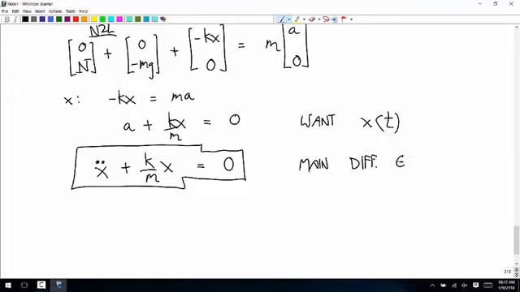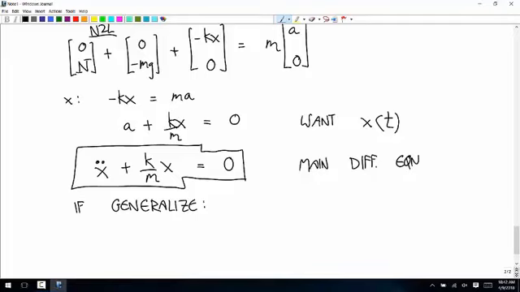We can generalize this. Not all systems that oscillate have a spring constant and a mass in them.